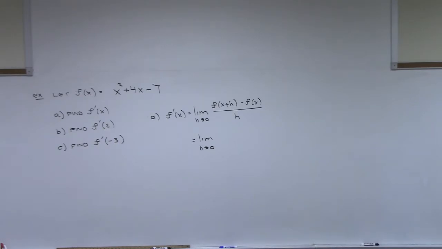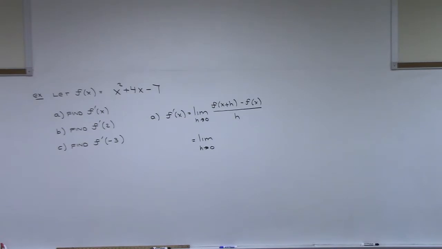Let me talk to both of you at the same time, because it looks like you're in the same spot. So what does f of x plus h mean? It means take x plus h and plug it in here and here. I want you to write that down. Start with this one: x plus h, in parentheses, squared, and then plus 4 times x plus h, minus 7.